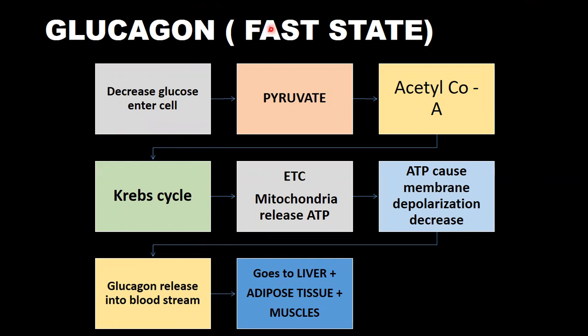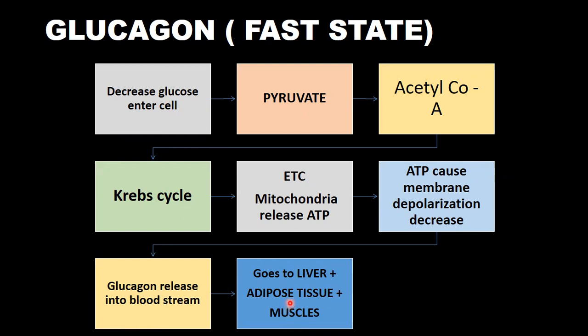Then whatever glucose is present in our body is converted to pyruvate, then acetyl CoA, Krebs cycle, etc. That releases ATP, and this ATP depolarizes our membrane, and this condition ultimately leads to glucagon being released into the bloodstream, and this glucagon then goes to the liver, adipose tissue, and muscle, as we see in the case of insulin.